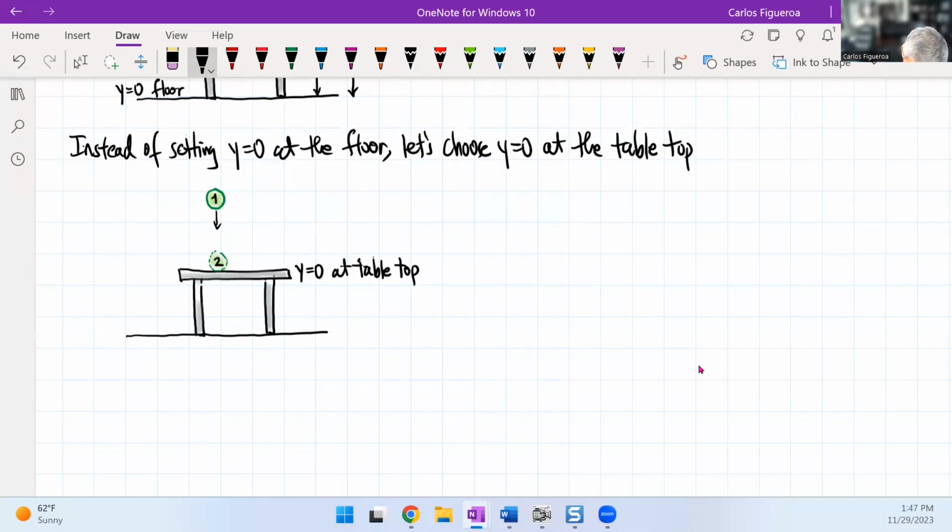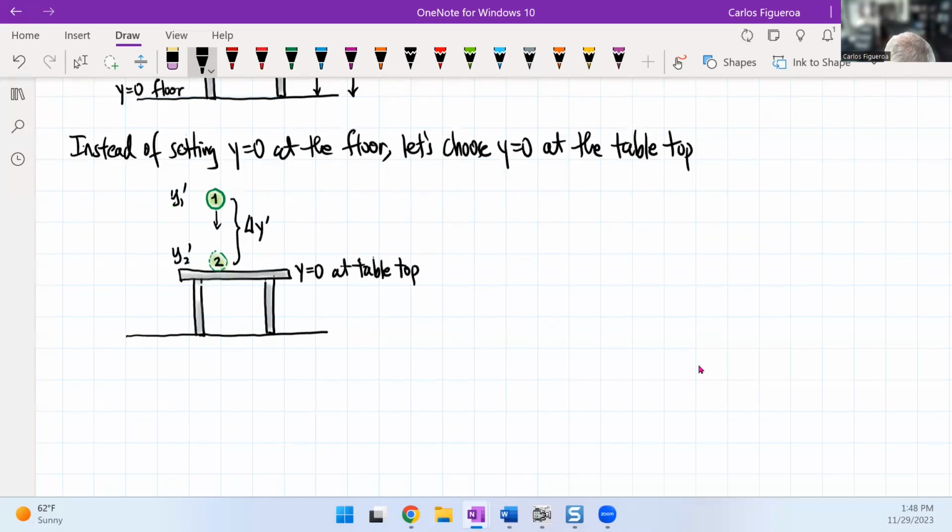So this height right here, I'll call y1 prime, and this is y2 prime. When I look at the difference, this distance, I'm going to call delta y prime.